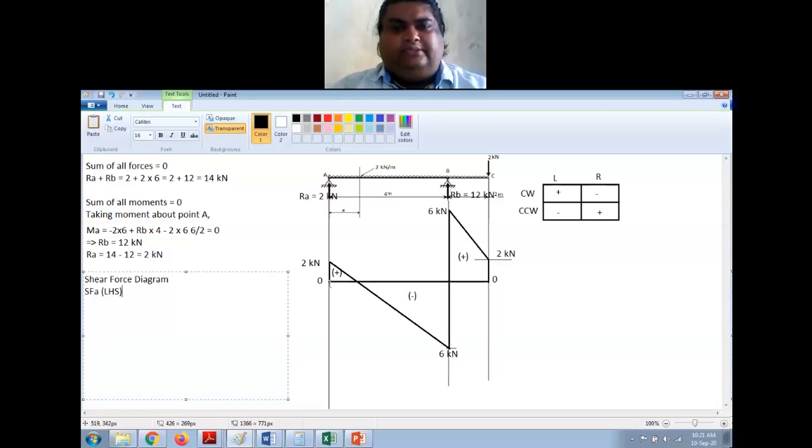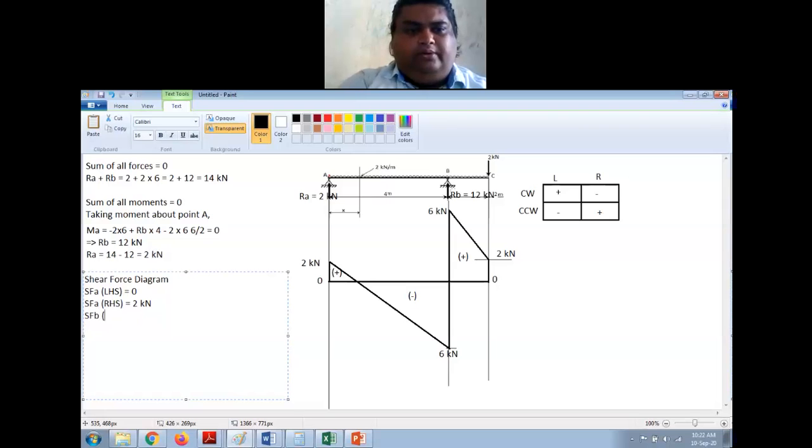Left hand side is this side. So on the left hand side of point A, I have 0, right? It is starting from 0. So I have on the left hand side shear force as 0. Shear force at A on right hand side is equal to 2 kilonewton. So 2 kilonewton.